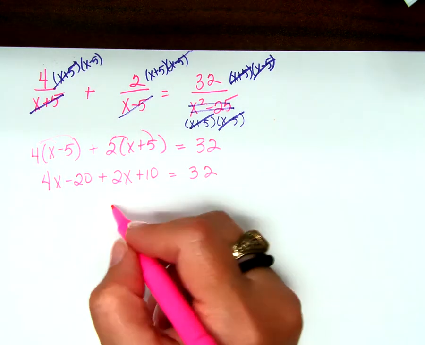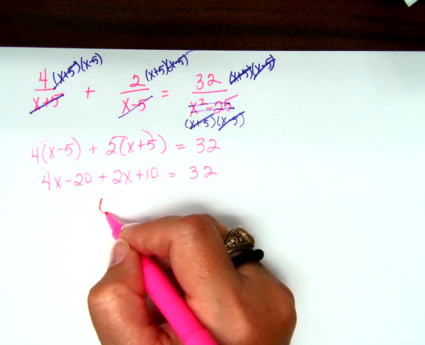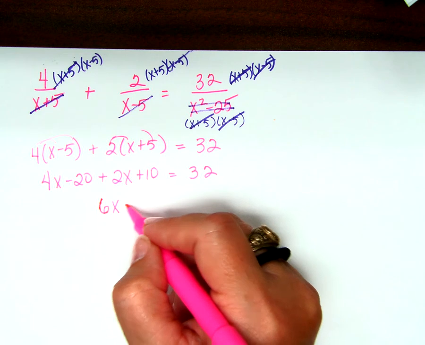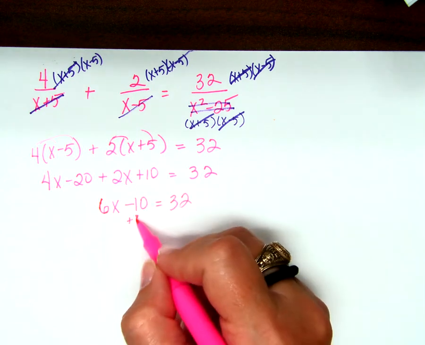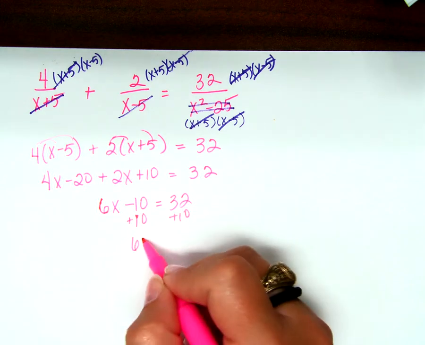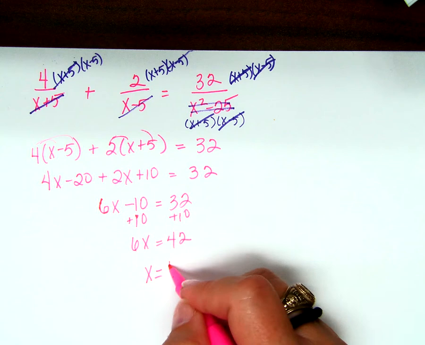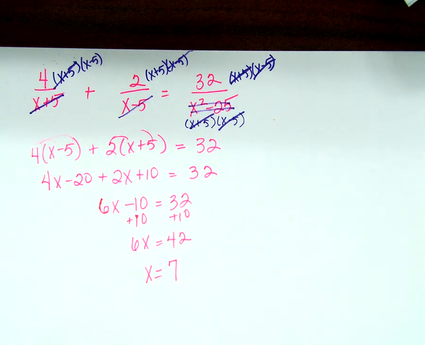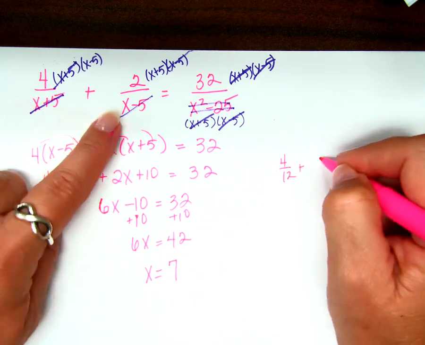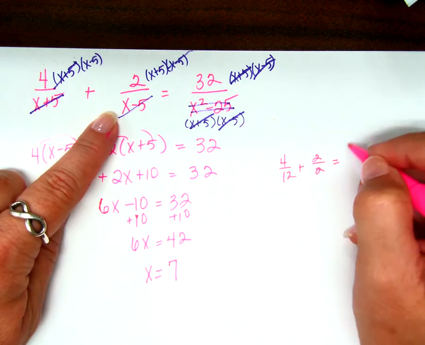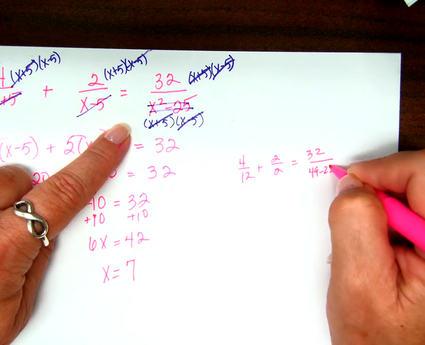Combining our like terms gives me 6x minus 10 equals 32. Adding 10 gives me 6x equals 42. X equals 7. So 4 over 12 plus 2 over 2 equals 32 over 49 minus 25.